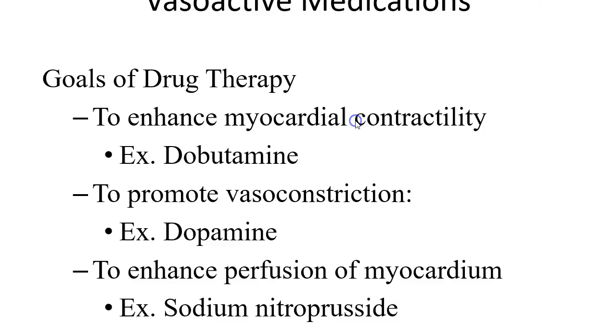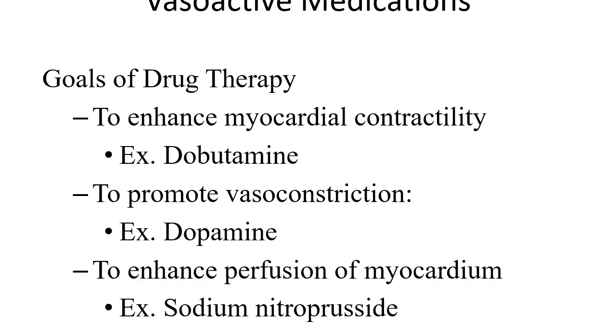Some of the medications that we give for patients in cardiogenic shock, because we are looking to improve myocardial contractility, we are looking to increase their blood pressure by increasing vasoconstriction, and if our cardiogenic shock was caused by an MI, we need to improve the perfusion of the myocardium so we don't have any more myocardial damage, like we talked about back in our cardiovascular unit.